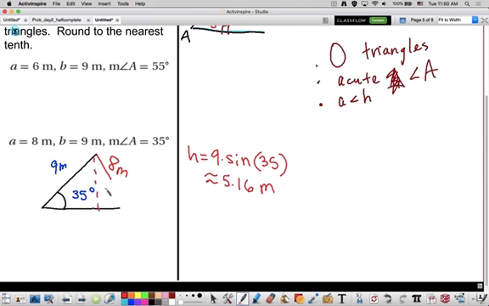Right triangle, sine of this is height over 9, multiplied by 9, and you get that. Well, what you have right now is height is less than A, which is less than B, right? Yeah. So that tells you there are two triangles.